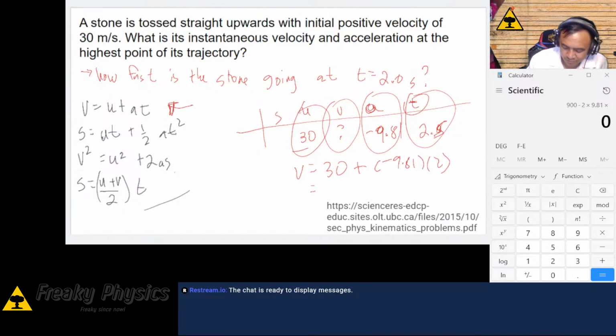So that's 30 minus 2 times 9.81. It's going to give us 10.38 meters per second. I think you got the same answer.